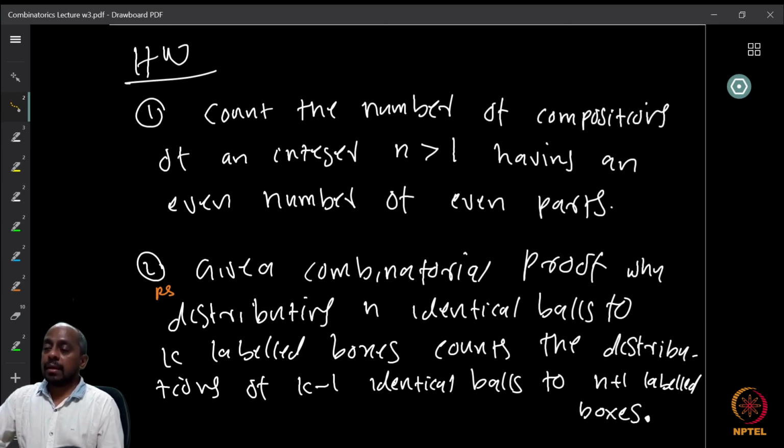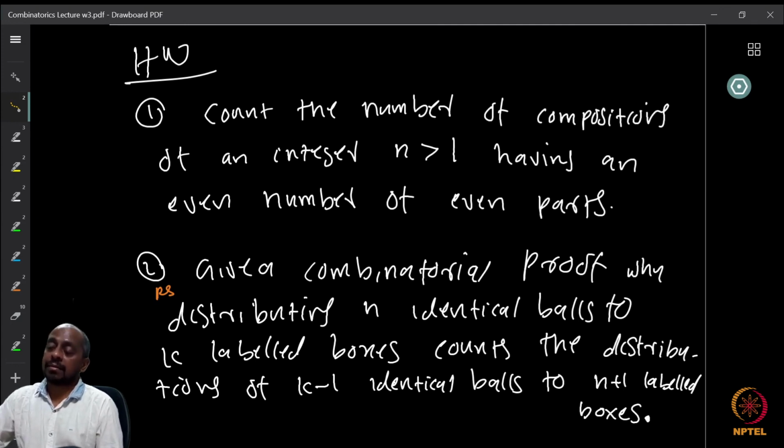Then the second question is to give a combinatorial proof of why distributing n identical votes to k labeled boxes is the same as the number of distributions of k minus 1 identical balls to n plus 1 labeled boxes. So distributing n identical balls to k labeled boxes and distributing k minus 1 identical balls to n plus 1 labeled boxes apparently is the same.